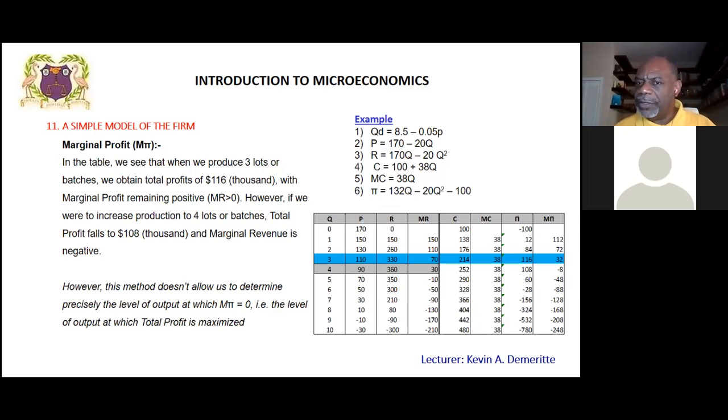The cost function, how much cost is going to change when quantity changes. And again, the slope of the cost function is how much cost is going to change when quantity changes. The profit function is how much profit is going to change when quantity changes. So the slope of the profit function is how much profit changes when quantity changes.